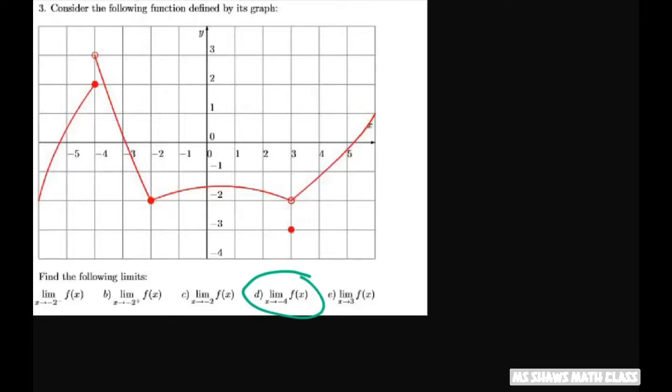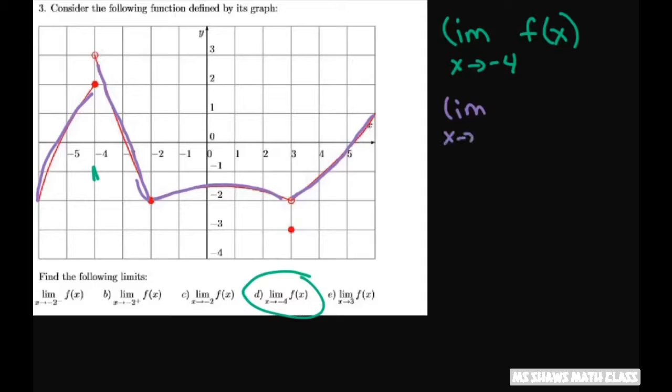We're at -4 again. So they just want us to find the limit as x approaches -4 of f of x. So looking at it, we have to go both from the left and from the right. So if we take the limit as x approaches -4 from the left, that's going to equal 2.